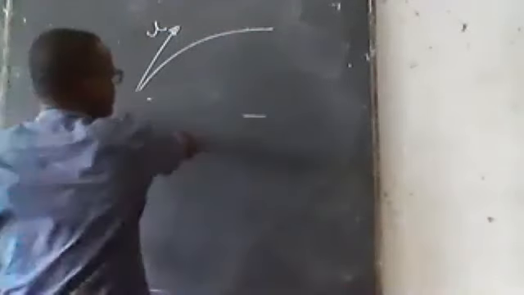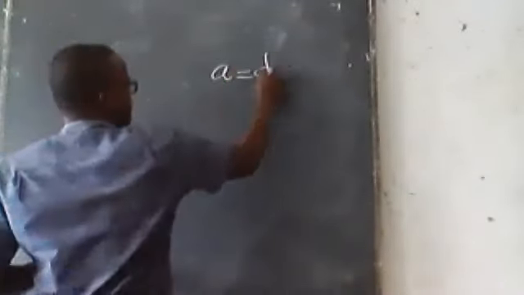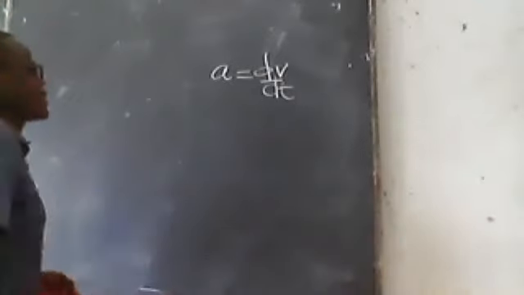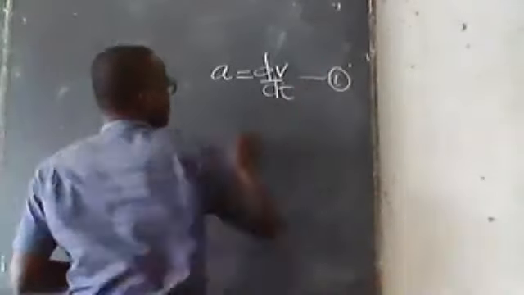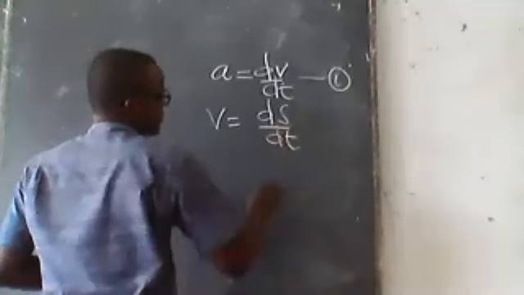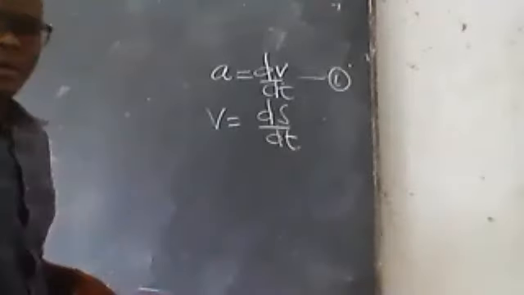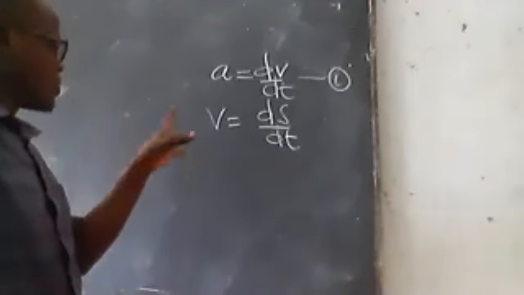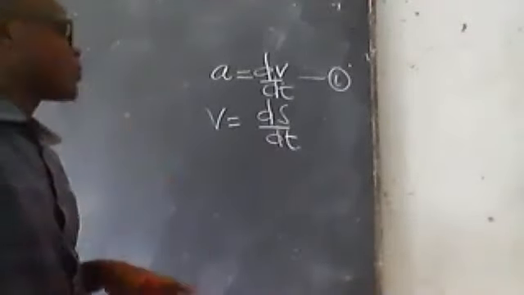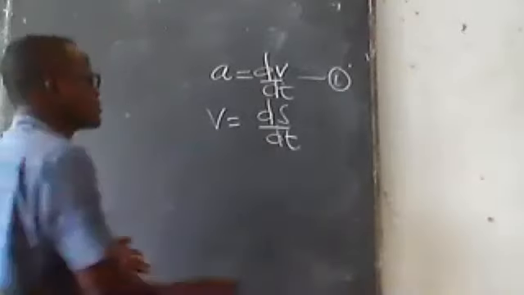So you know that acceleration is dv/dt, right? You know that velocity is ds/dt. I'm just writing them because I know that you learned them in paper one. Somewhere they shall be of importance.